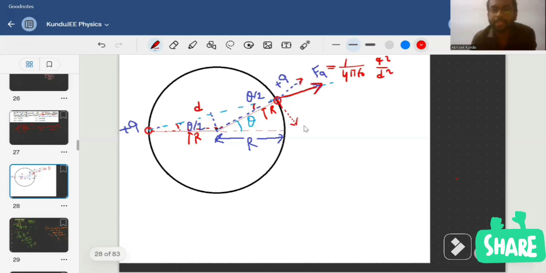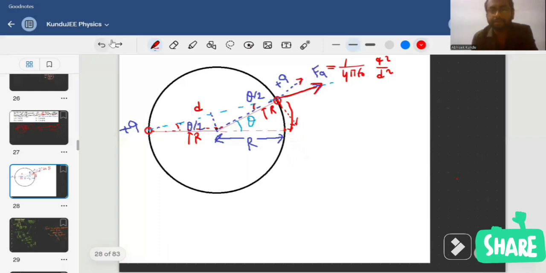Rather, the tangential component will make this charge come back to the equilibrium position. But it will not stay there because of the velocity it achieves, so it goes somewhere here, then again comes back because it will have a tangential force towards the equilibrium position. So it will oscillate like this, to and fro.